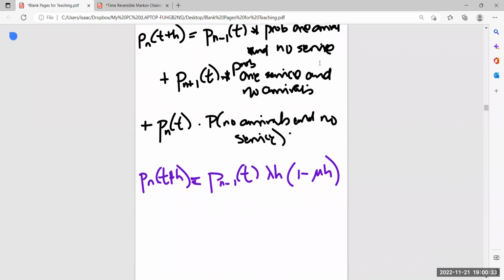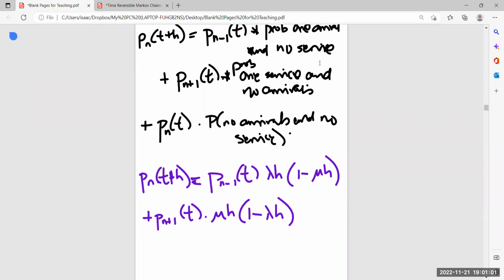Let's go on to the second line. The second line says plus Pn+1(t) times the probability of one service and no arrivals. So one service would be mu h, and no arrival would be 1 minus lambda h, right?